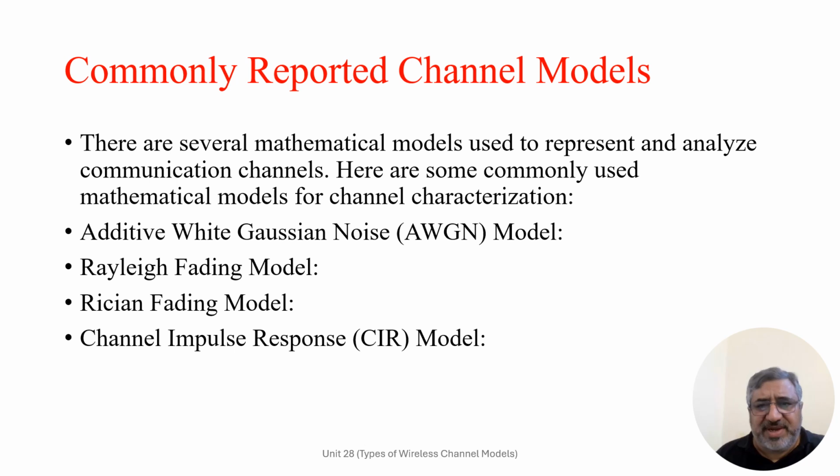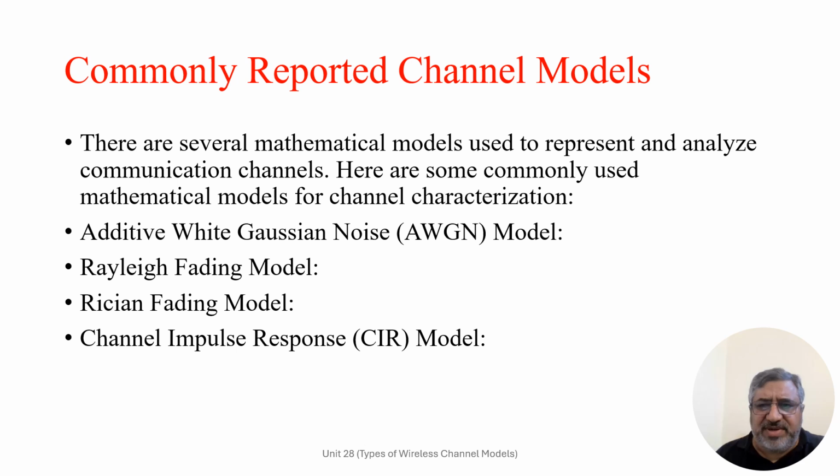The AWGN model is a very simple but widely used model for analyzing the effect of noise in a communication channel. It assumes that the received signal is corrupted by additive white Gaussian noise, where the noise samples are independent and identically distributed with a Gaussian distribution.